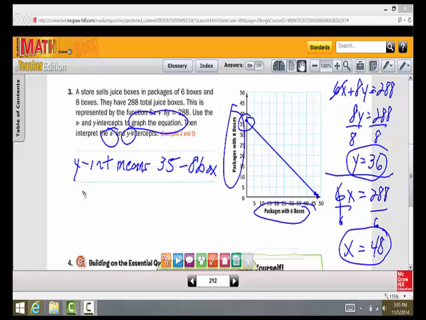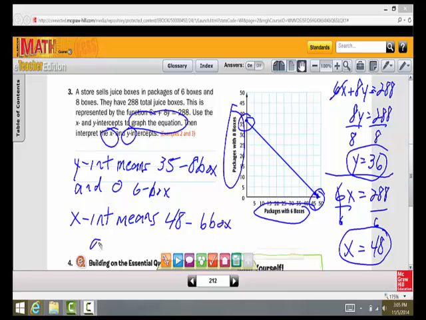So it's 35 8-box and 0 6-box. What the x-intercept means is that we could buy 48. So x-intercept means 48 6-box and 0 8-box.